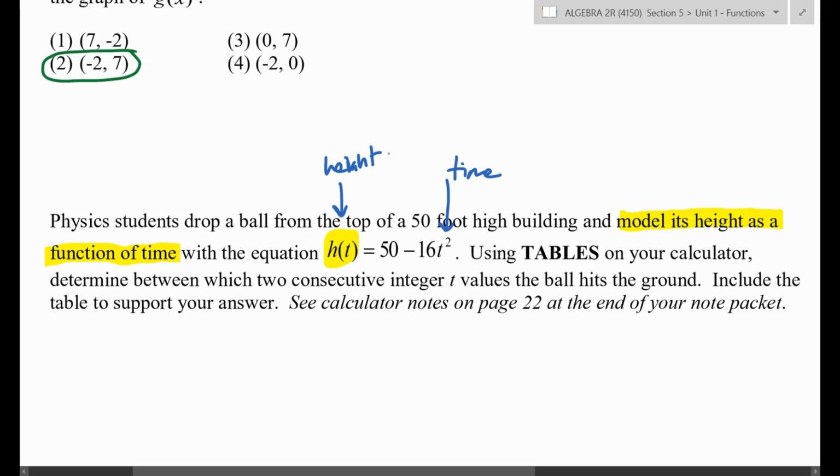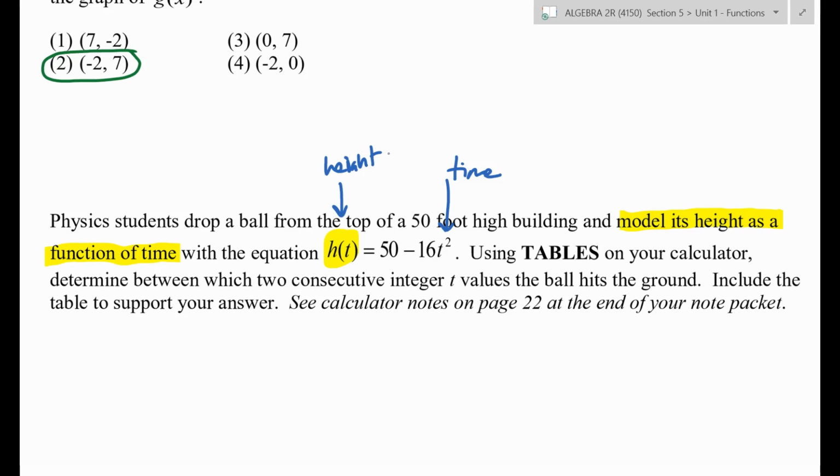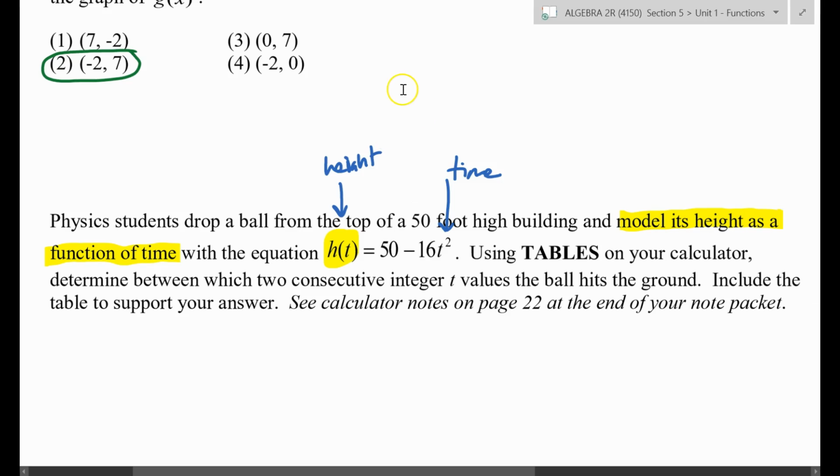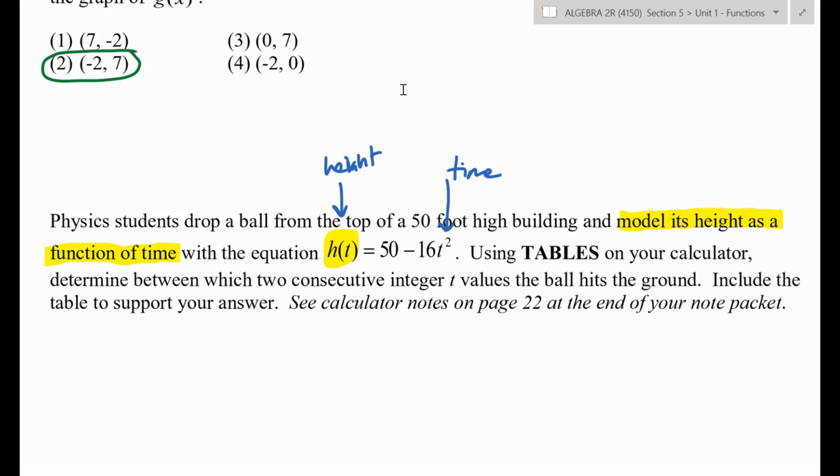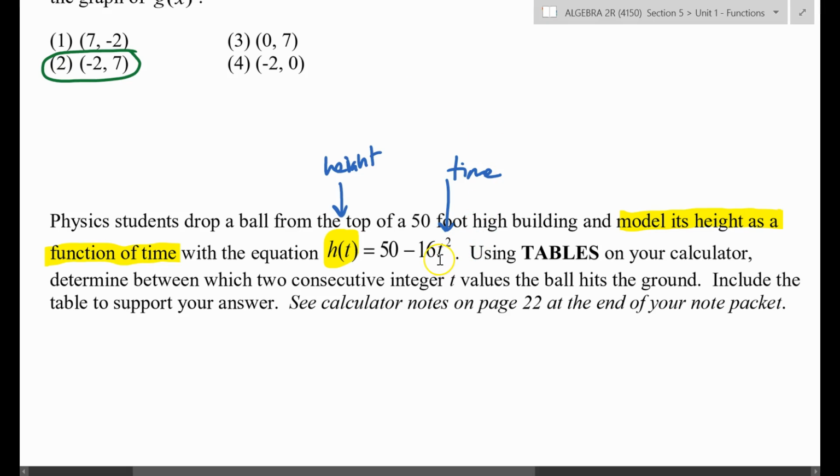And this problem is so nice to even sort of use H and T, right? So what happens? A guy stands on top of the building, drops the ball, and the stop clock starts. The ball's going to fall, and the height is going to decrease, right?